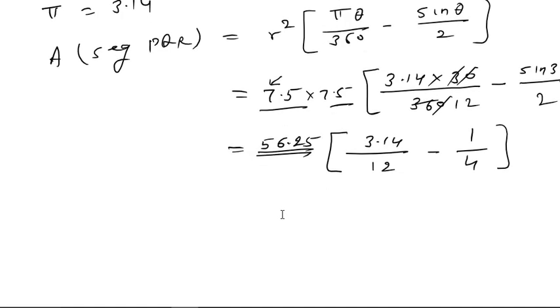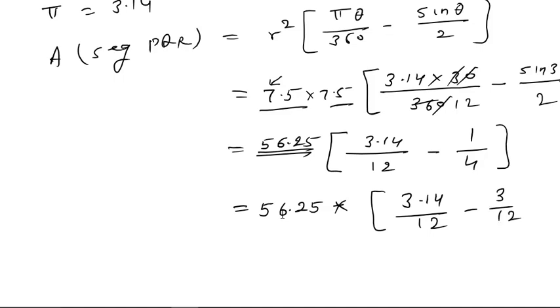So here this is 56.25 into, now 4 3s are 12, so this is 3.14 upon 12 minus 3 upon 12. So this is 56.25 into 3.14 minus 3 whole divided by 12.